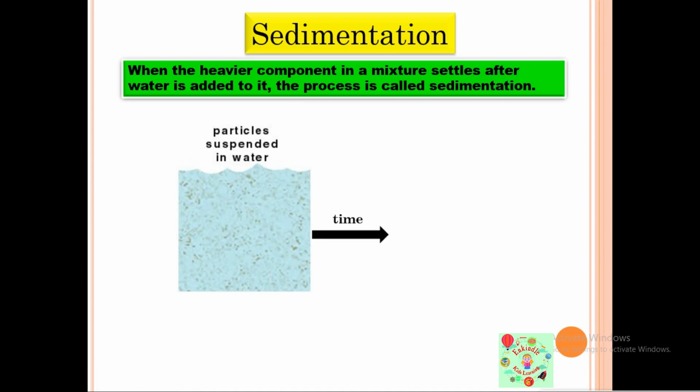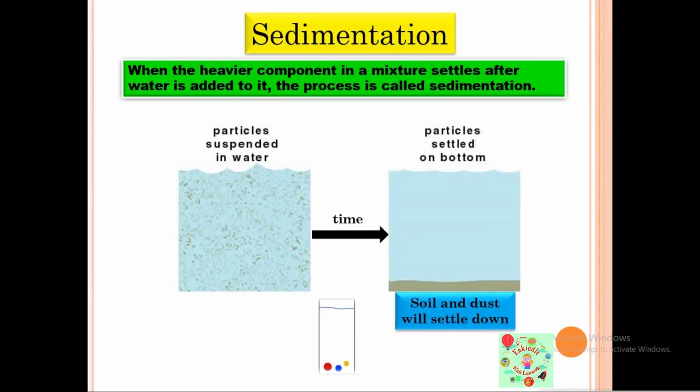If we allow it to settle down, after some time these impure particles will slowly settle down. After some time you can see the soil and dust particles have settled down.